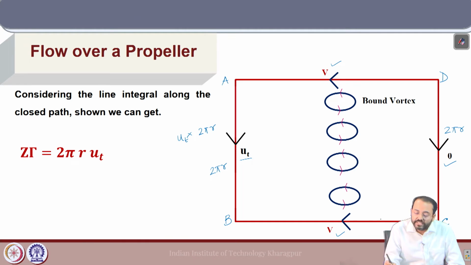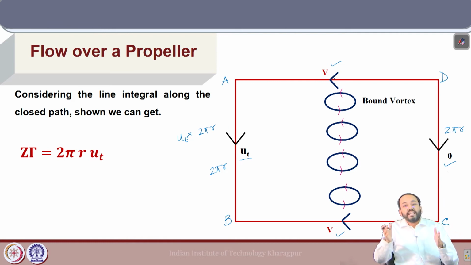Now, from B to C, it will be velocity v into length. From C to D, the velocity is 0, so it will be 0, and from D to A, it will be again v integrated over a length L, but this circulation is based on line integral in the direction sense.